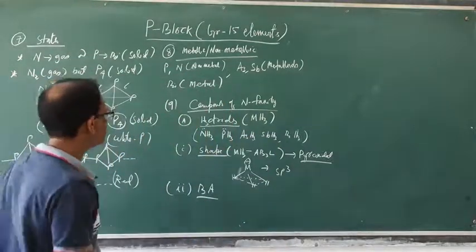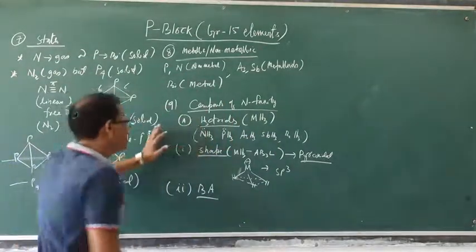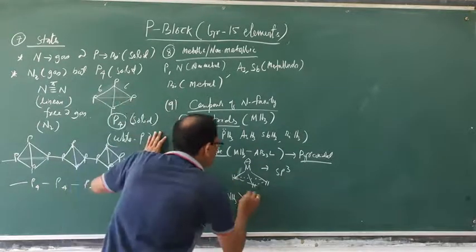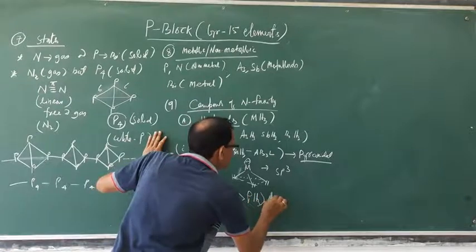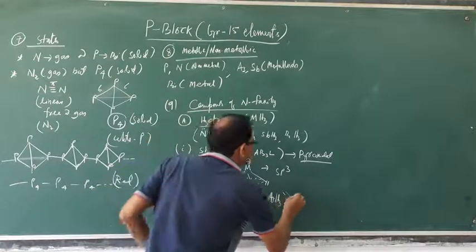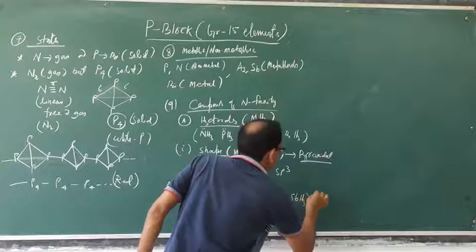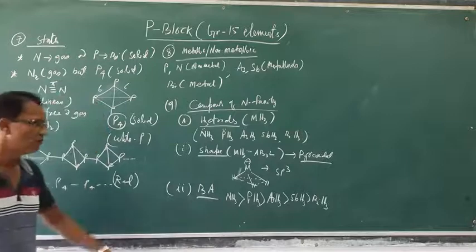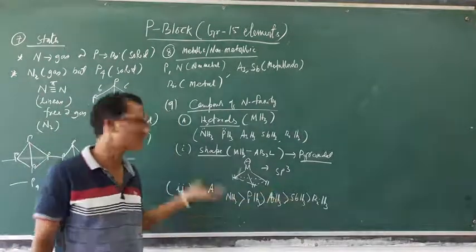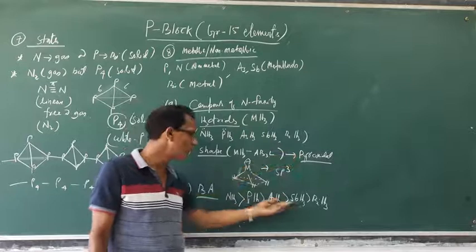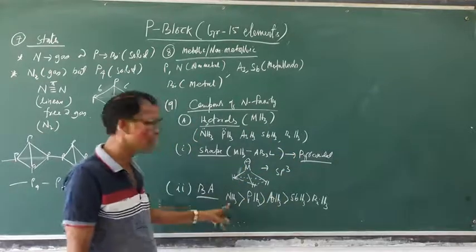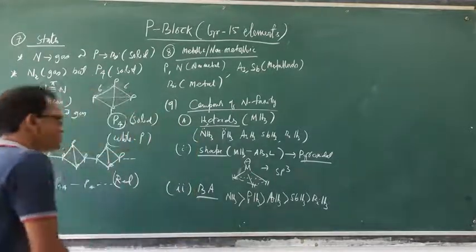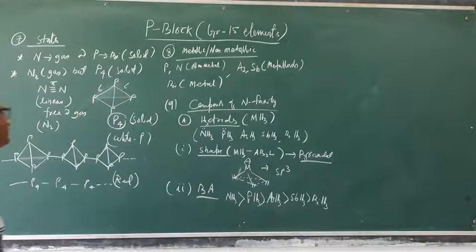Due to repulsion, it has a larger bond angle. So the bond angle order is NH3 greater than PH3, then AsH3, then SbH3, then BiH3. The bond angle is not the same, but the shape is the same, pyramidal. The bond angle depends upon the size of the central atom. Smaller size, greater bond angle. Remember this concept, don't forget.